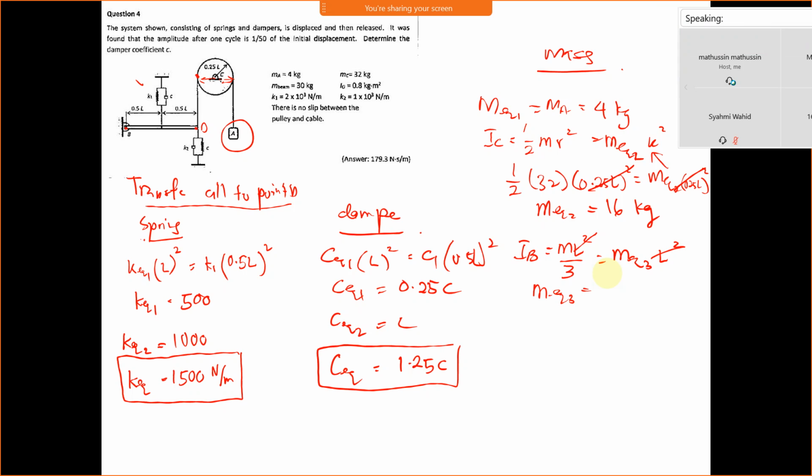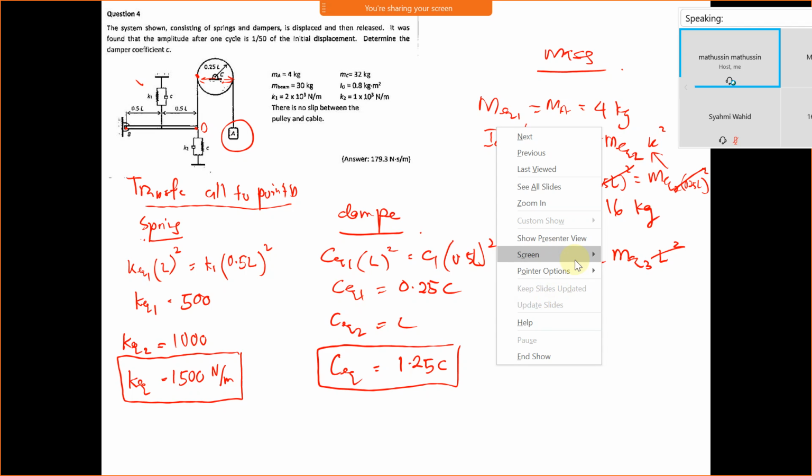Okay, saya silap. Kita kena ambil yang 0.8 dia bagi, which is IO, isn't it? 0.8, which is mass moment of inertia for beam B to D, which is IO 0.8.